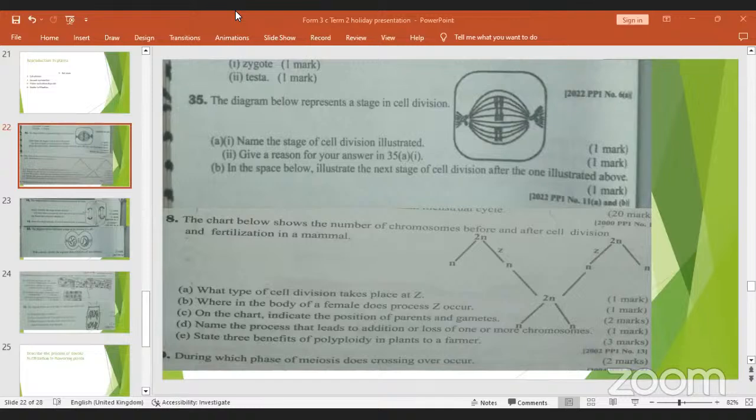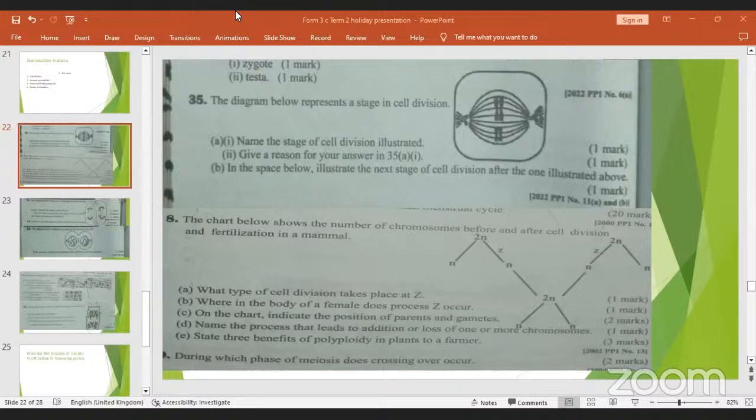There are other general reasons there. During metaphase of mitosis or meiosis, you realize that spindle fibers are fully formed. At any metaphase, spindle fibers are fully formed. And if you look at it keenly, the nuclear membrane has completely disappeared.